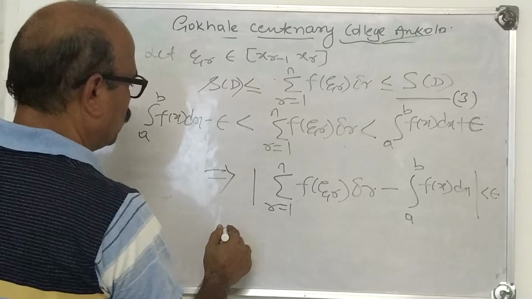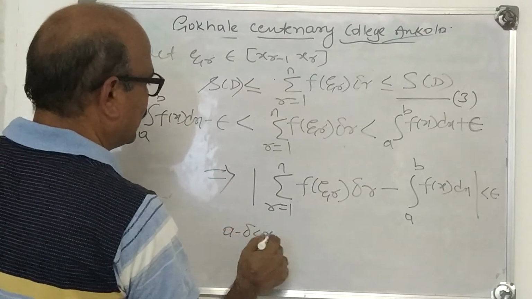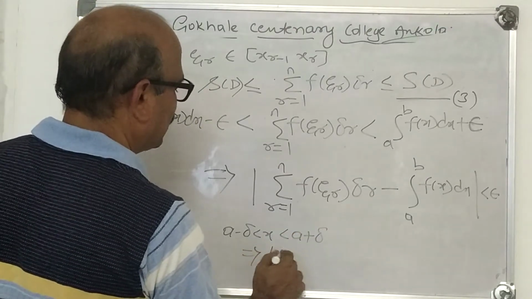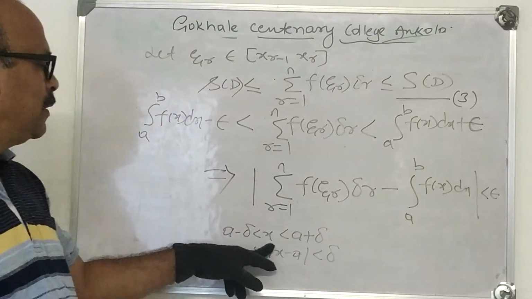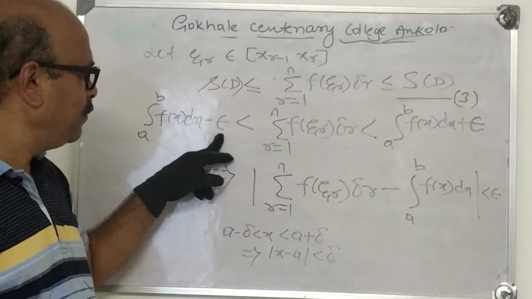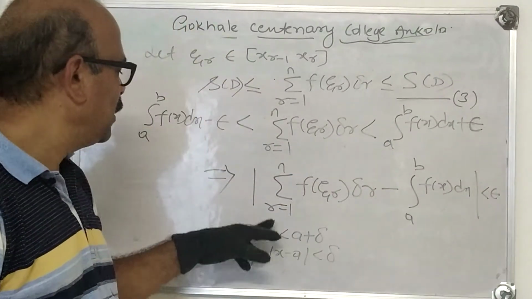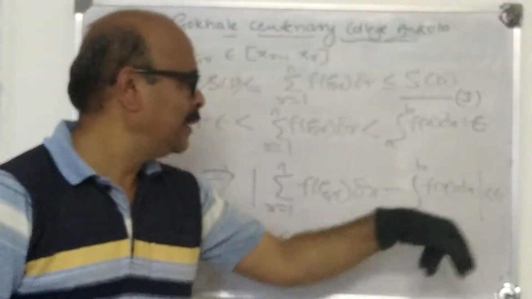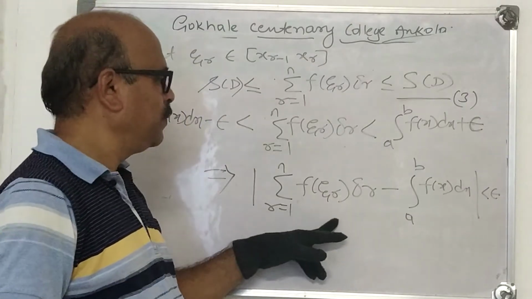Because you know that a minus delta less than x less than a plus delta implies |x minus a| is less than delta. We have used this inequality. Correct? So this is important.